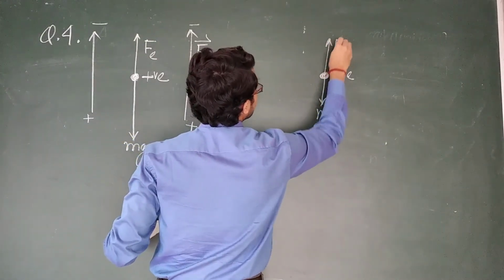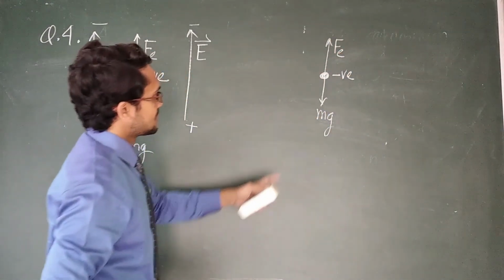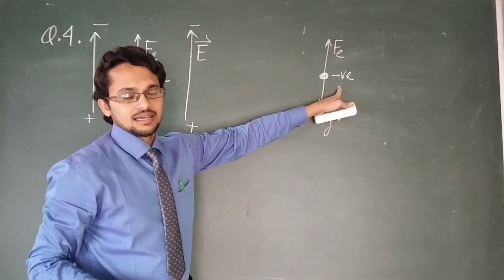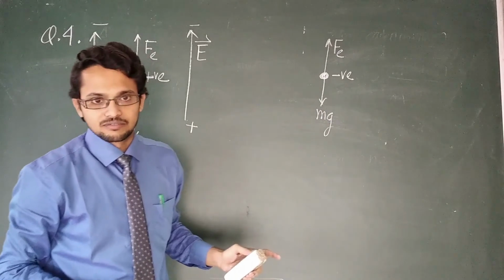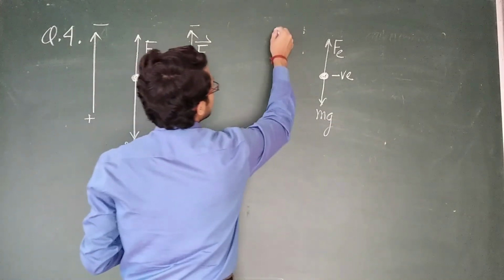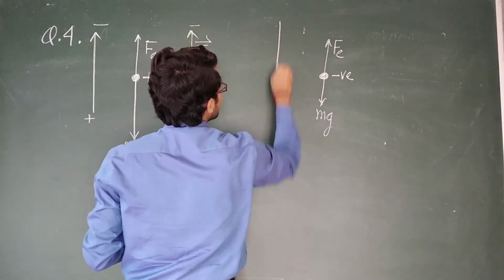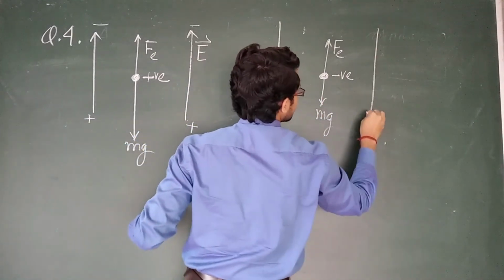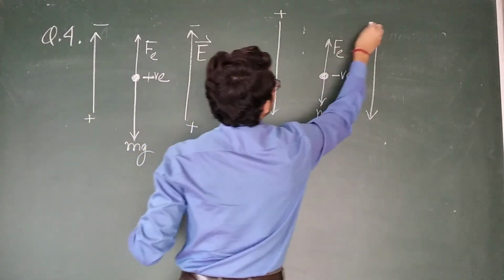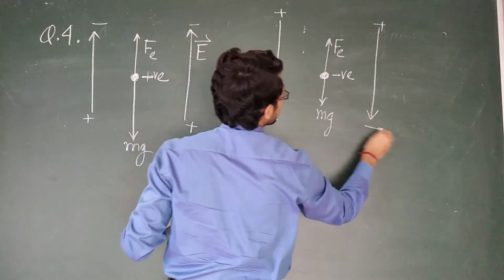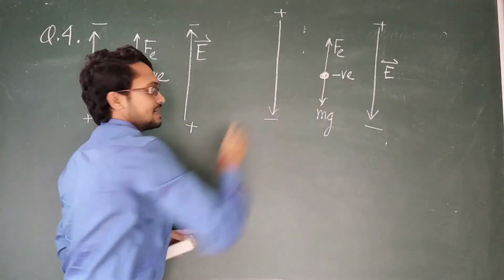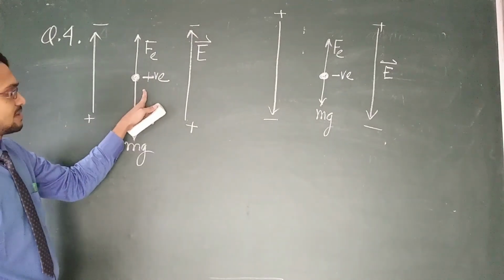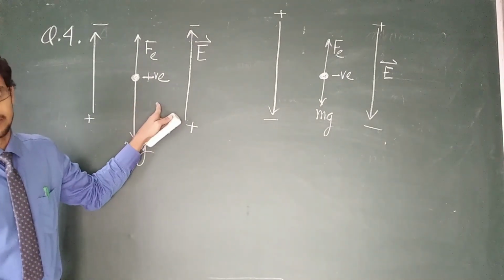As it is a negative charge, it moves in the opposite direction of the electric field, so we have to apply the electric field in this case in the downward direction, positive to negative. So this is the direction of the electric field when you take a negative charge, and this is the direction when you take a positive charge.